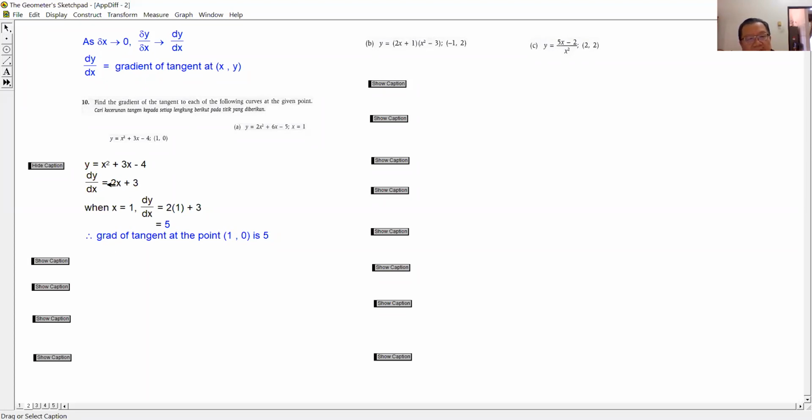Why? Because this dy dx is a variable. It depends on the value of x. By substituting different values of x, I will get different gradients. This means that at different points along the curve, the gradient will be different. So far, okay or not?